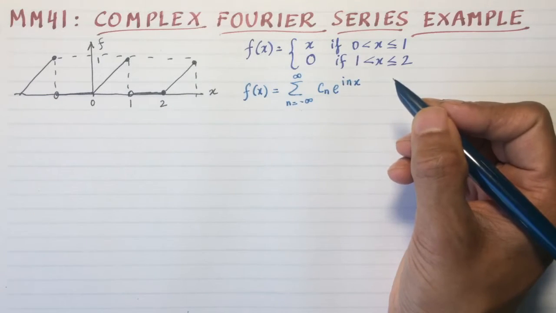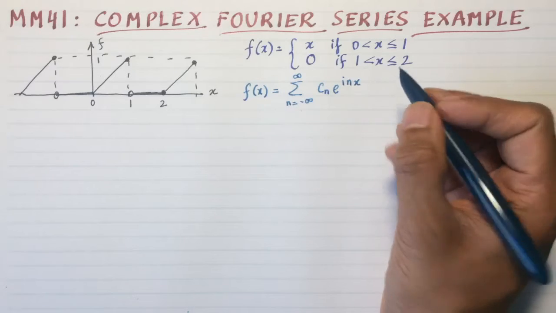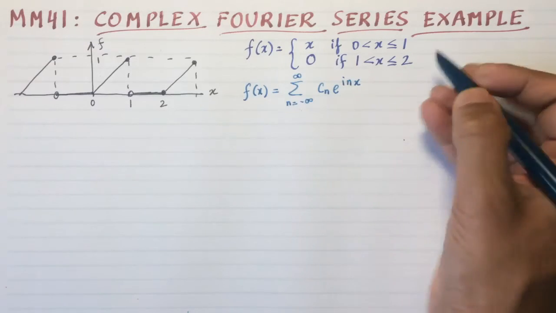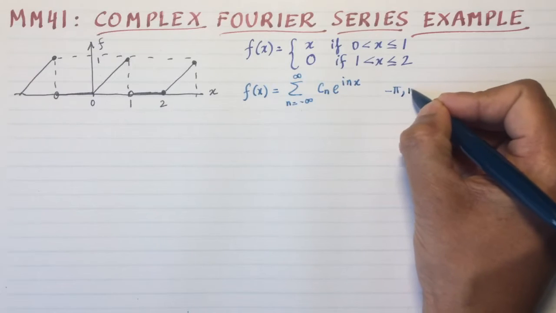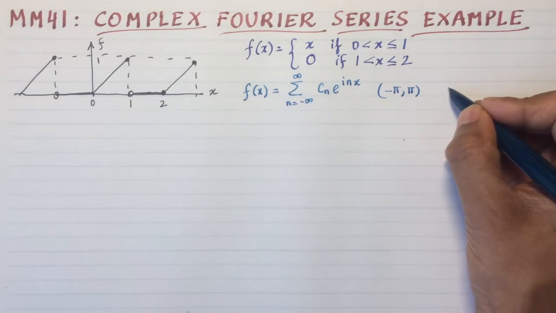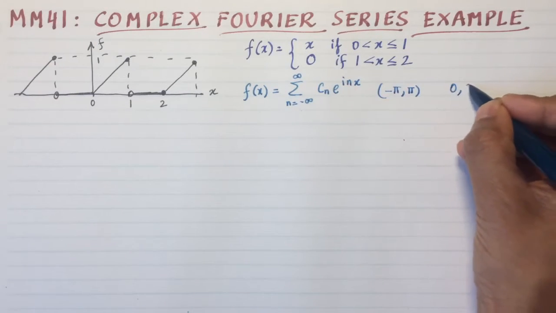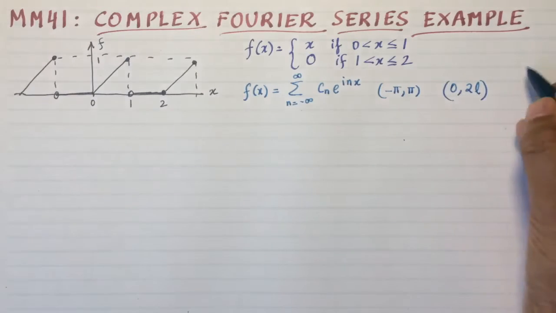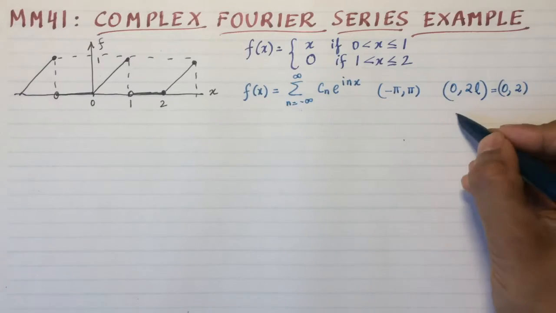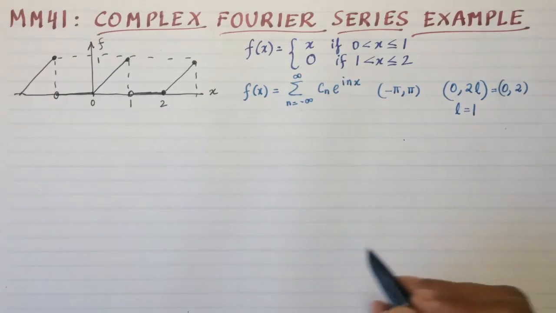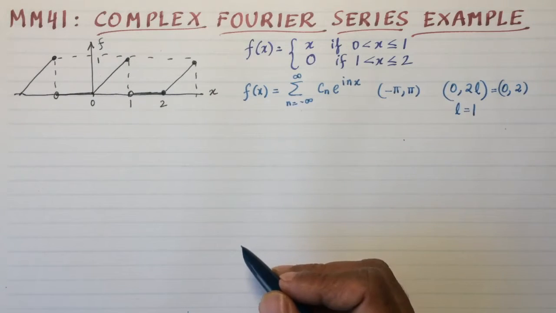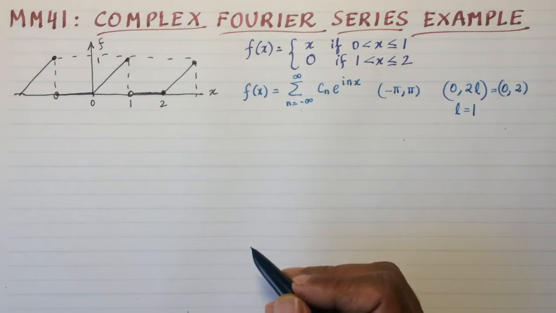Now let's be careful here, because that would be the case if the interval were minus pi to pi. But the interval here is of the form 0 to 2L with L equals 1, or 0 to 2. So we have to use one of the forms suitable for that.